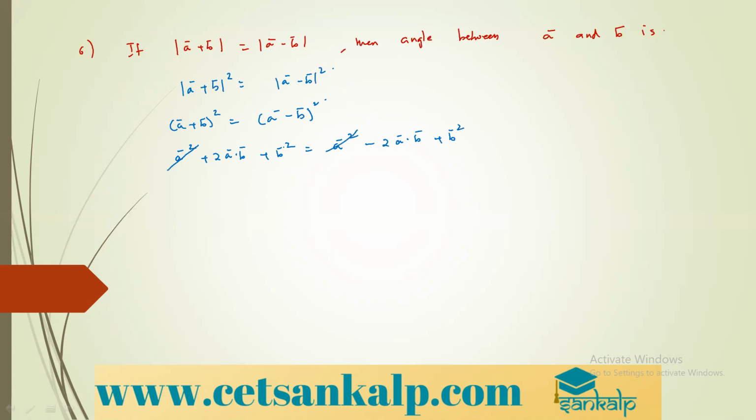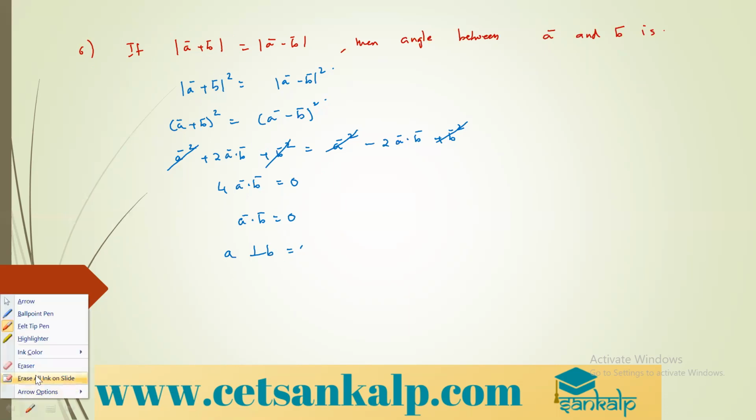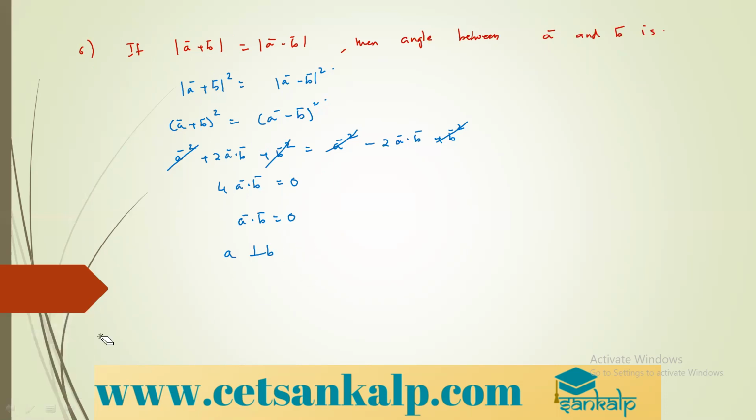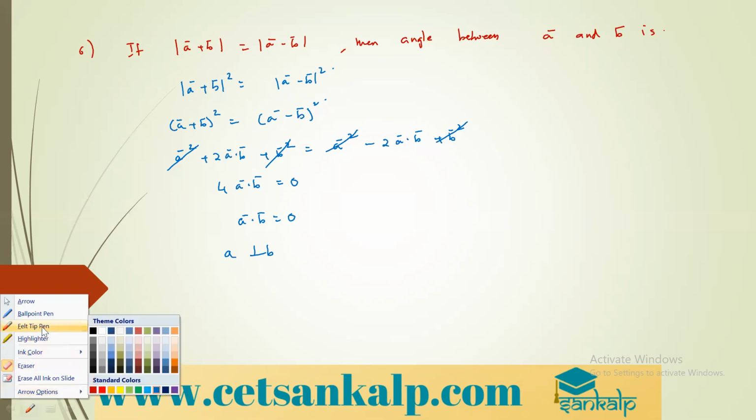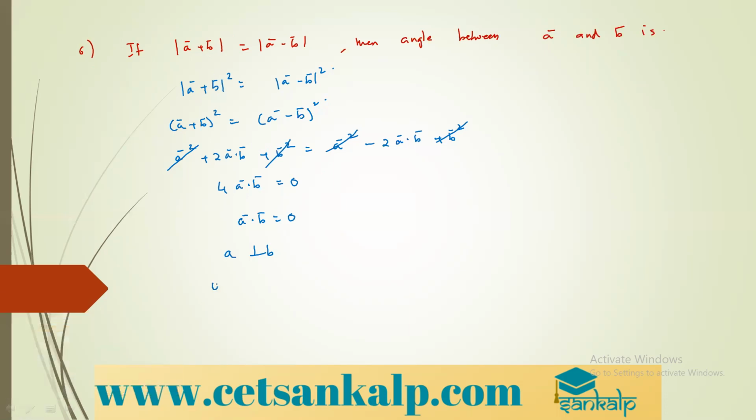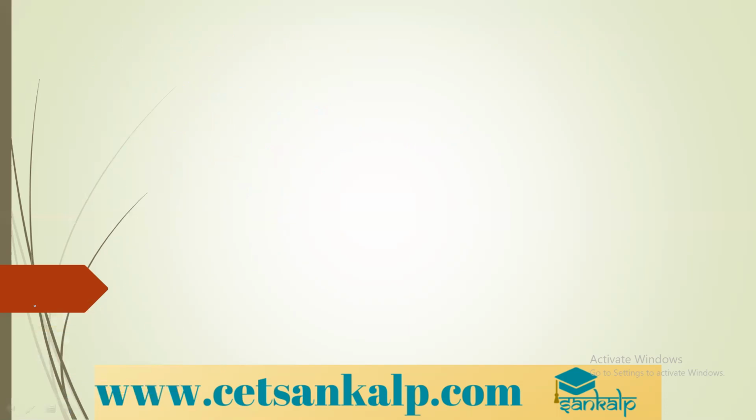You can cancel a square, you can cancel b square. 4 times a dot b equal to 0, or a dot b equal to 0. That means a and b are perpendicular to each other. So you can say angle between a and b is 90 degrees, which they are asking for.